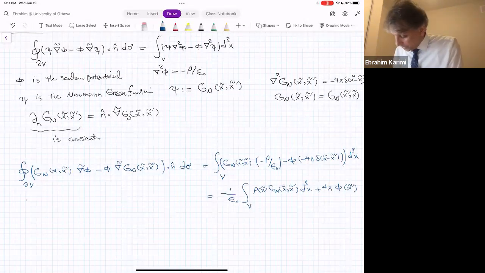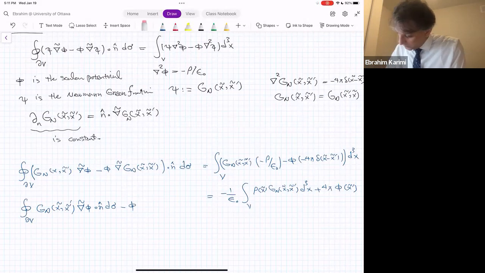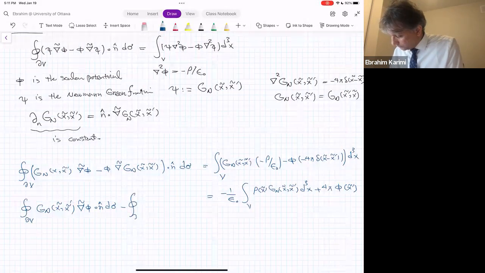And the other side will be the integral on the surface of G_N of x and x prime, gradient of phi dot n d sigma, minus the integral of phi gradient of G_N of x and x prime dot n d sigma.